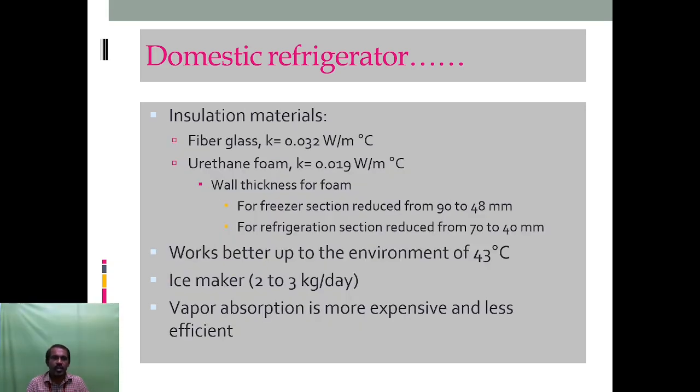There are many insulation materials; particularly for the refrigerator or fridge, we use fiberglass and urethane foam. The fiberglass thermal conductivity is 0.032 watt per meter degree Celsius, and the foam thermal conductivity is 0.019 watt per meter degree Celsius.